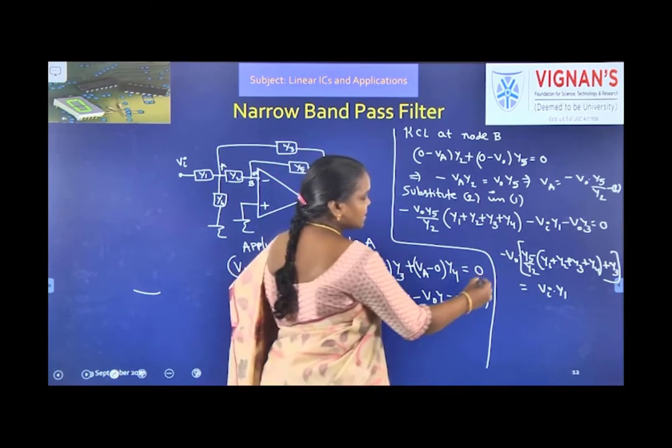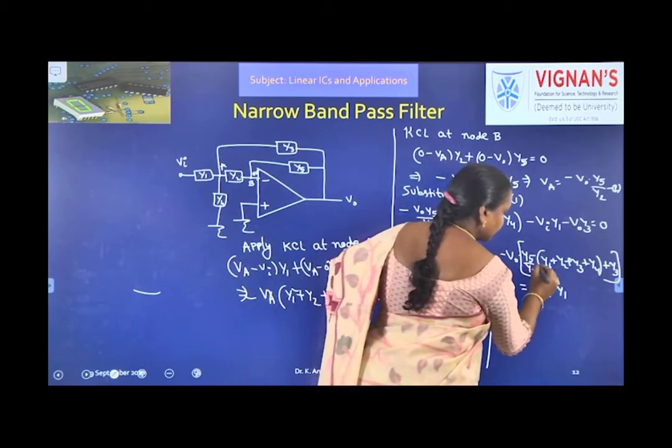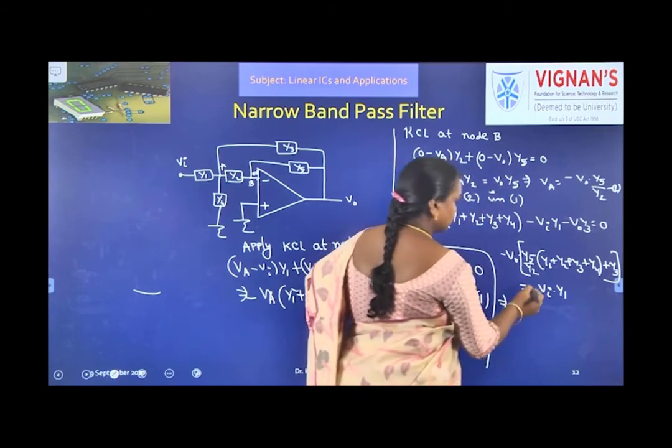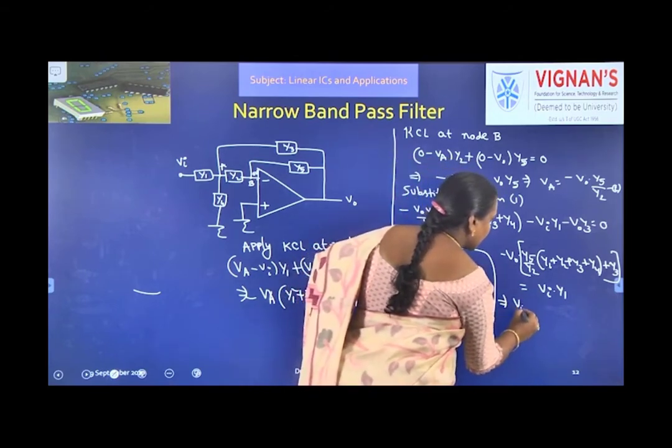Okay, if I take this Y2 as LCM, then what is V0 by Vi?